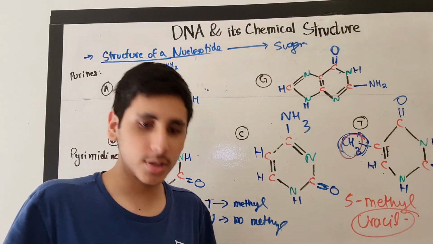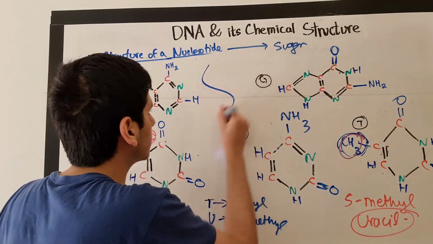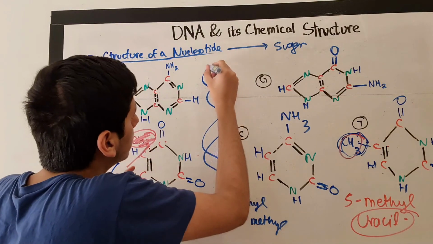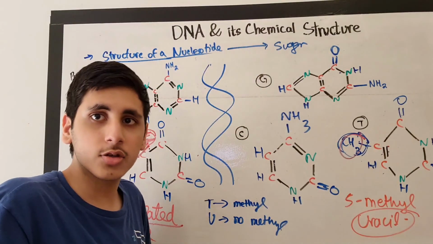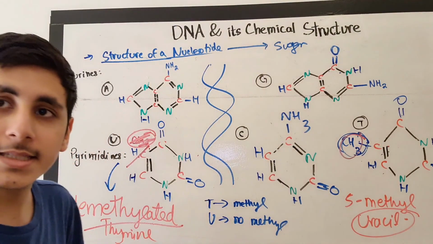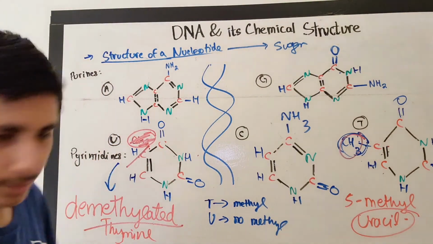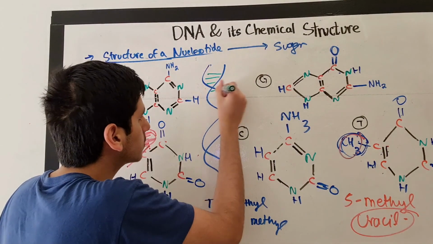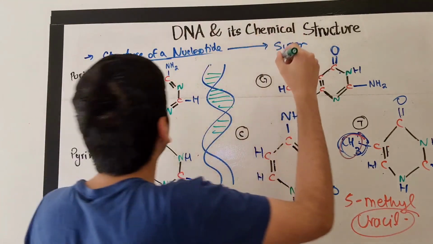So if you imagine DNA to be sort of a ladder, like I showed you initially, the actual rails of the ladder, the backbone of the ladder, are composed of sugar and phosphate. I'll talk about that in the next video, and I'll repeat that again. But the rungs, the horizontal bases, are these nitrogenous bases.